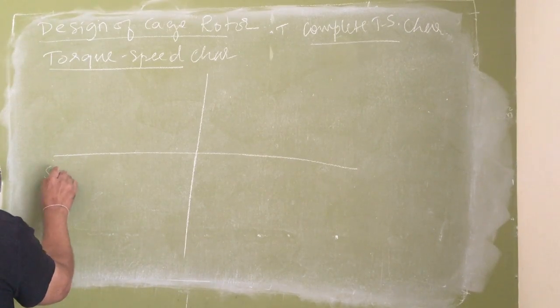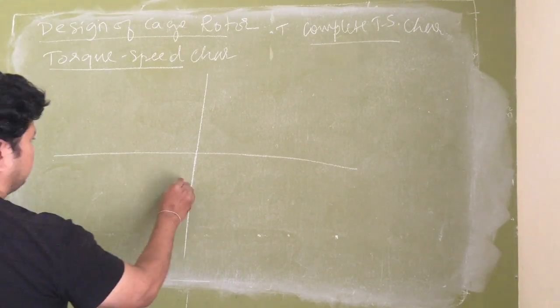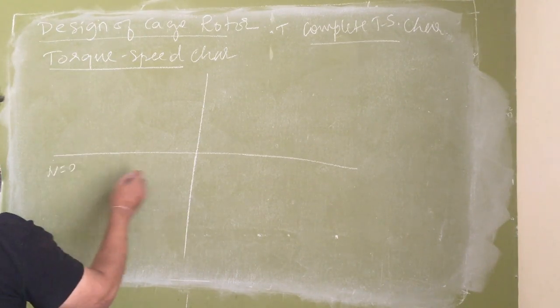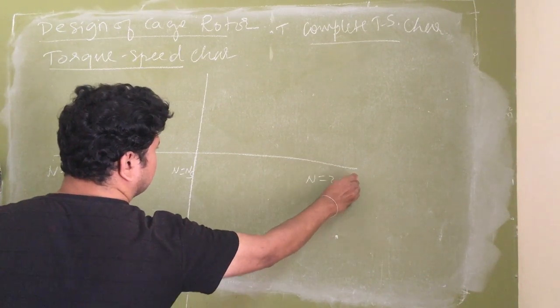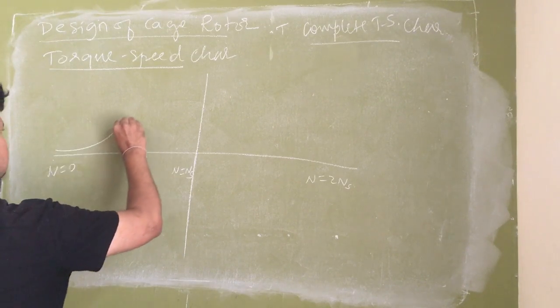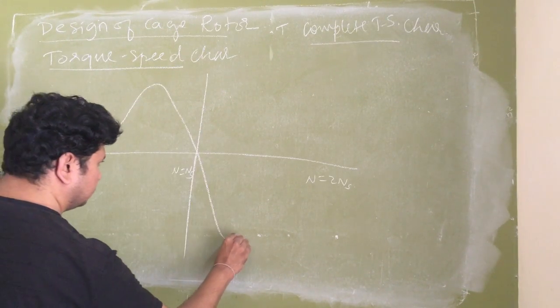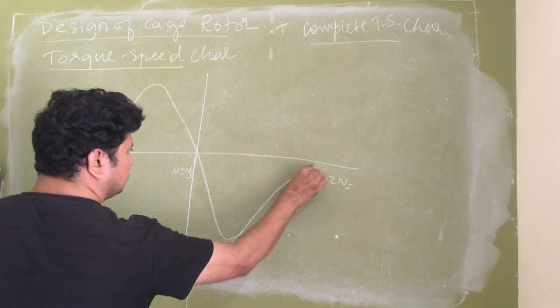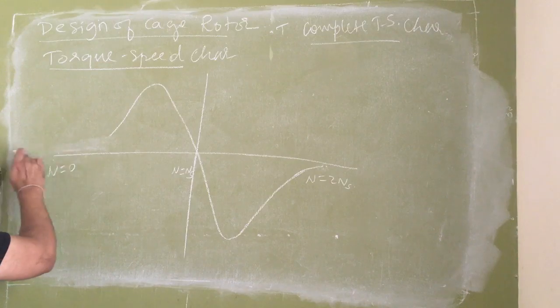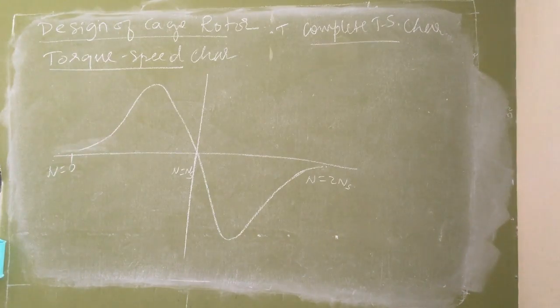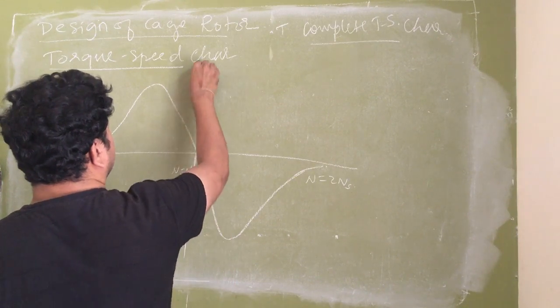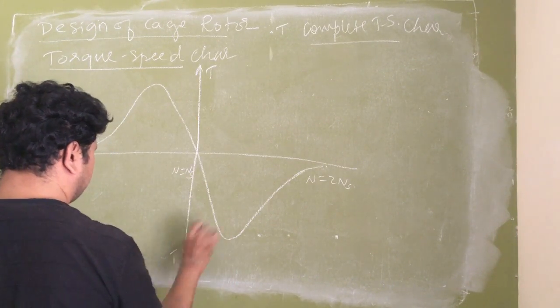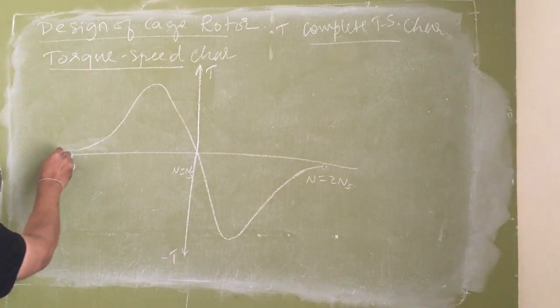Now N is equal to 0, N is equal to Ns, and maybe N is equal to 2Ns. This is my torque speed characteristics of the induction motor. This is torque, minus torque.